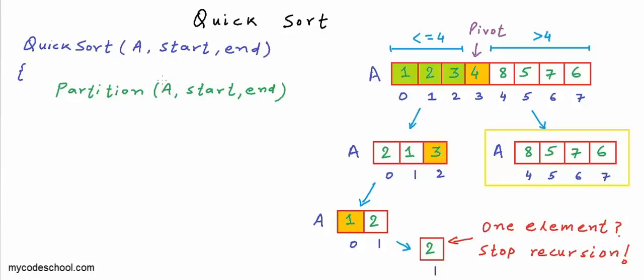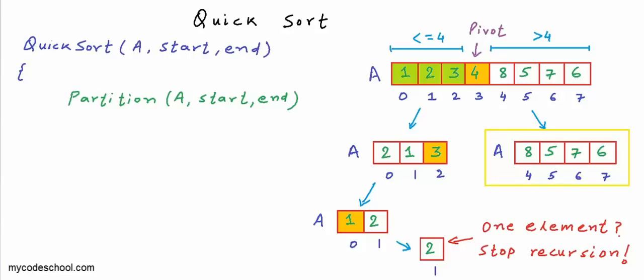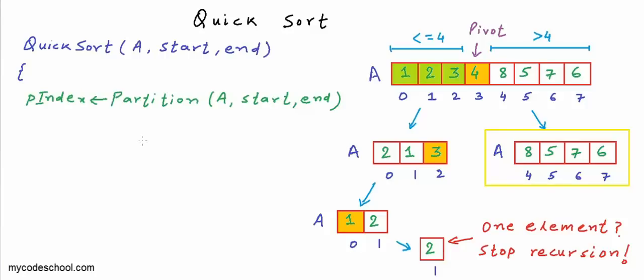Now this function partition, let's say, will rearrange the segment of the array from start till end such that there will be a pivot and all the elements left of the pivot will be lesser and all the elements right of the pivot, or towards the higher indices of the pivot, will be greater. And let's say this function will return the index of the pivot after rearrangement. I will call it P index for partition index.